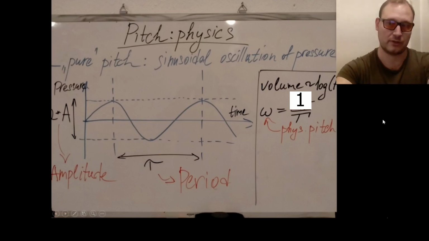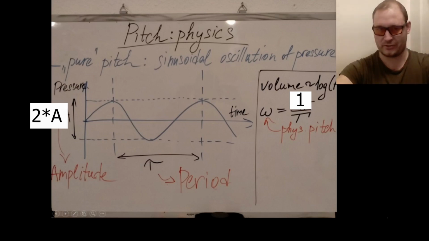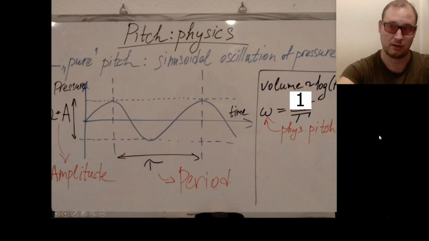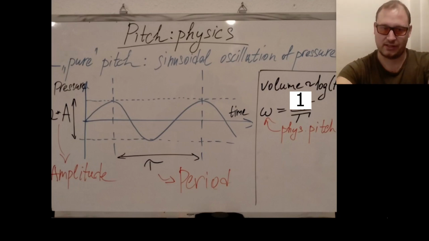If you fix a point in space and just measure the pressure over time, you will also have this sinusoidal shape. I'm sorry that on the left it's a little cut, but the magnitude of these oscillations is called an amplitude. Sometimes you call half the magnitude of this the amplitude, but nevertheless.